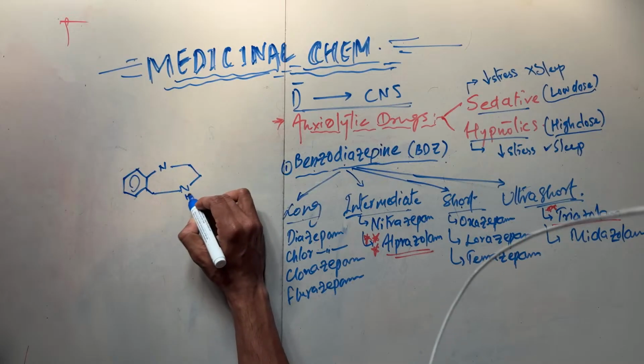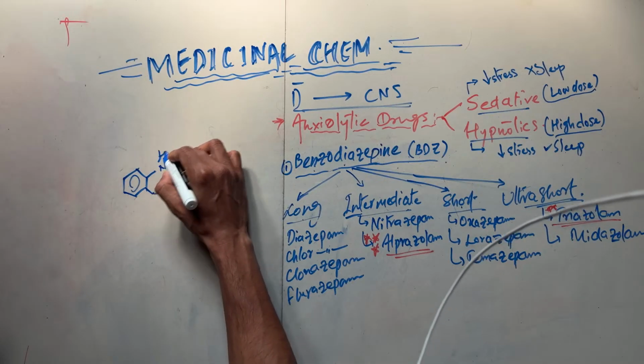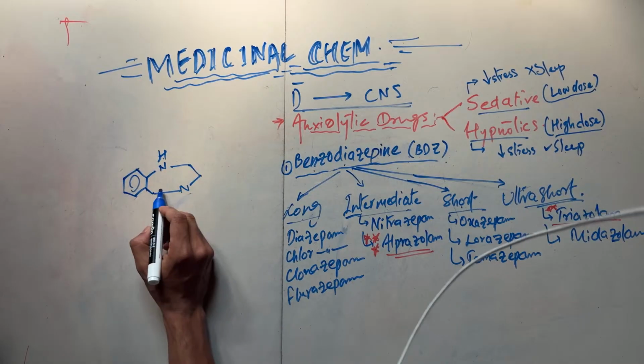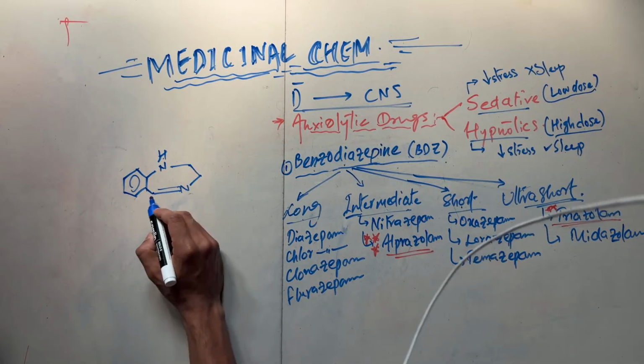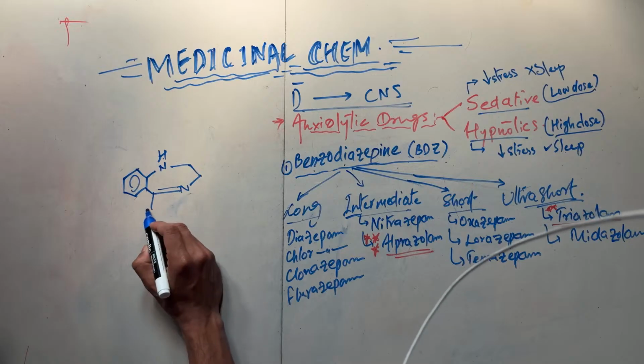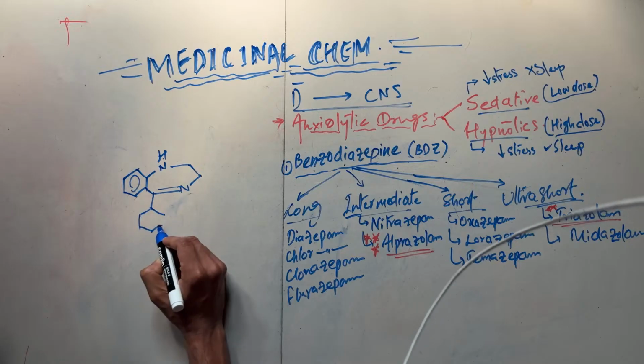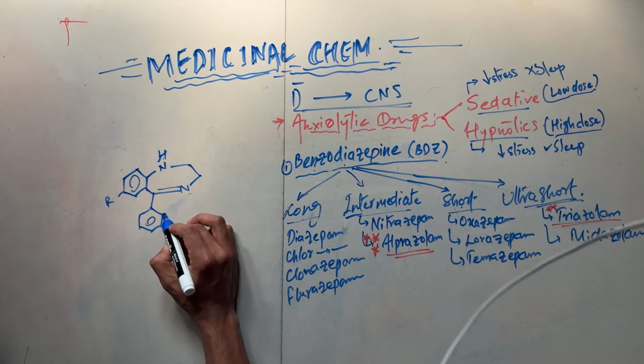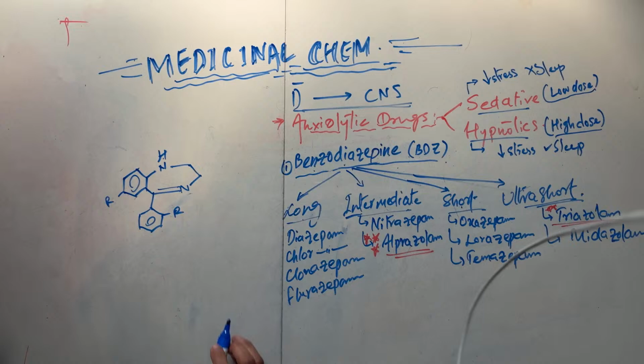So this nitrogen is having a hydrogen, like this. There will be an unsaturated bond, and after that there will be another phenyl ring. At the 7th position there will be one R. Numbering will start from which side?